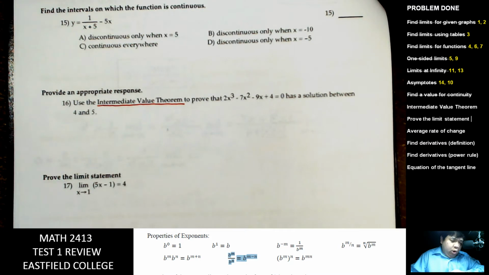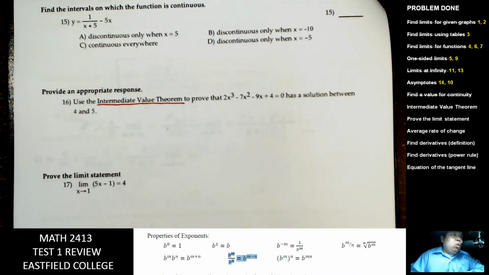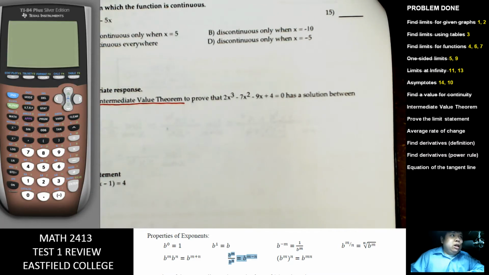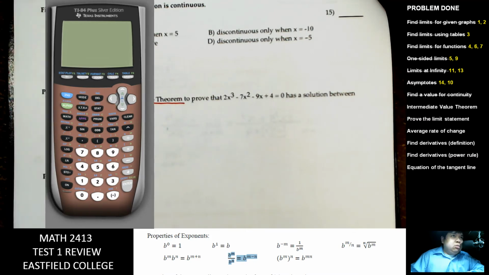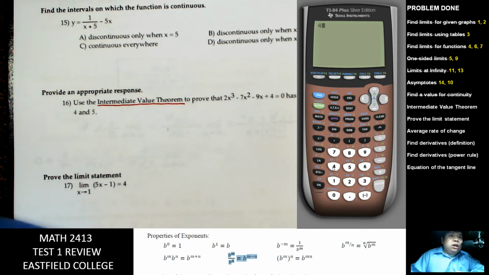So we evaluate the function at 4 and 5. The quickest way to do this is, let me show the calculator. We're doing 16, by the way. So we're going to have to move this. Yes, it's better. So this is what I do. We take 4 and hit the store key. We store 4 into x.